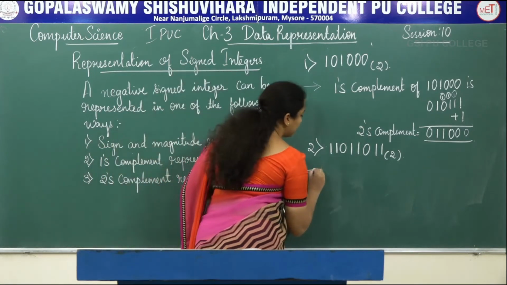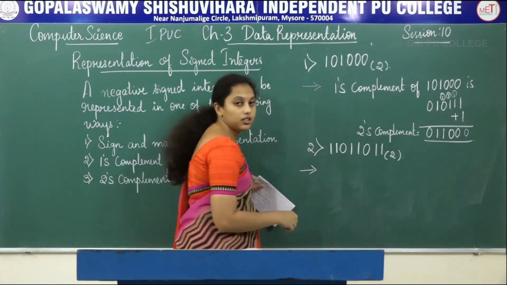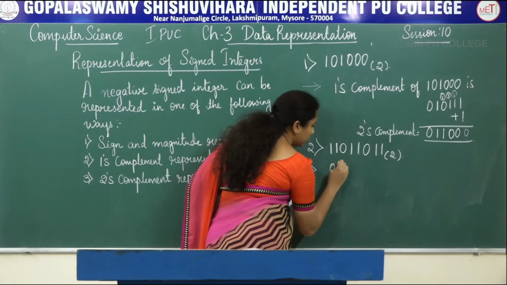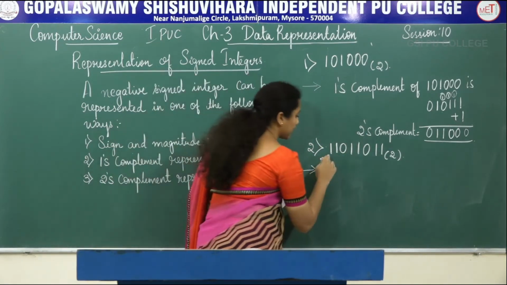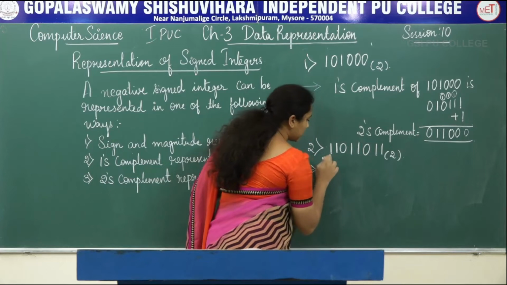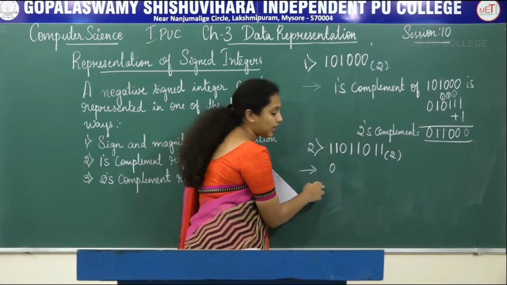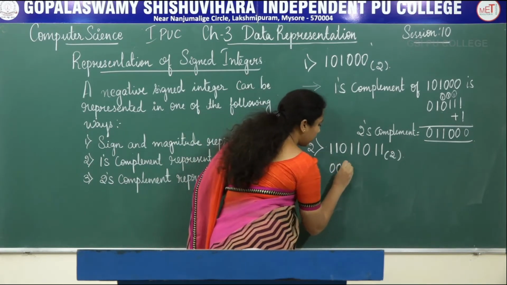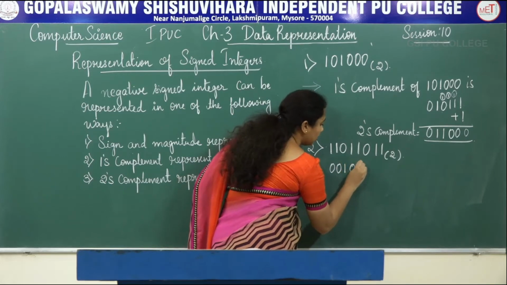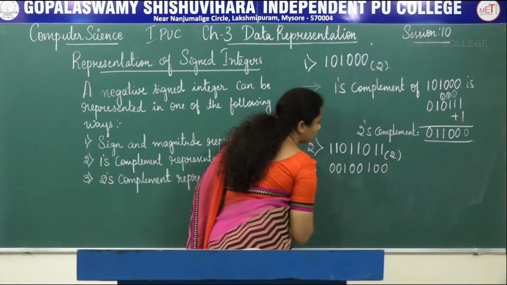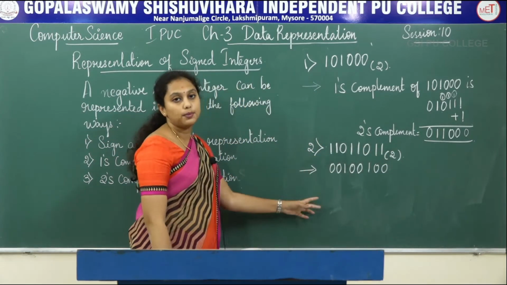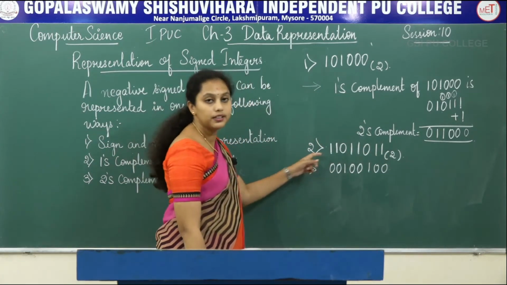What is the ones complement of this binary number? Change all zeros to ones and all ones to zeros. So here 1 is there, so I have changed it to 0. Again 0, 1, 0, 0, 1, 0, 0. So this is the ones complement value of this binary number.